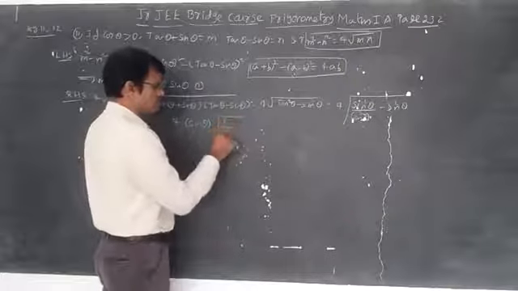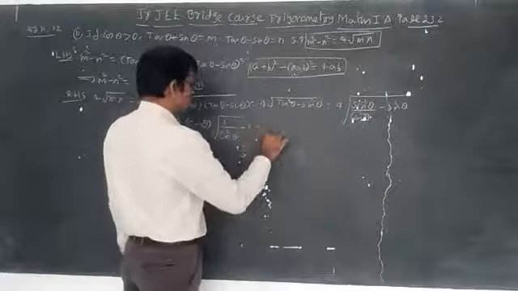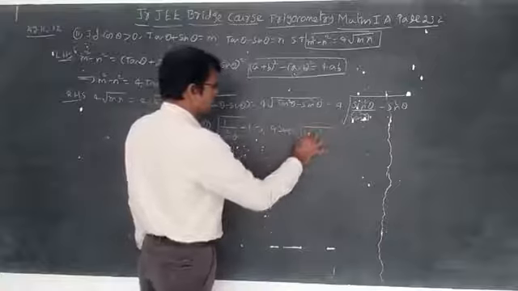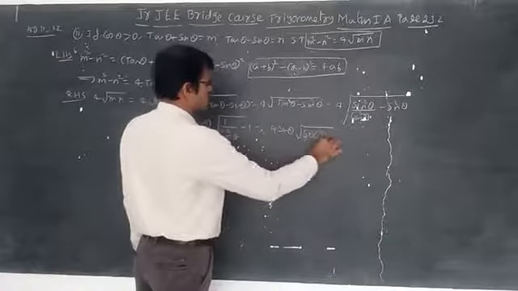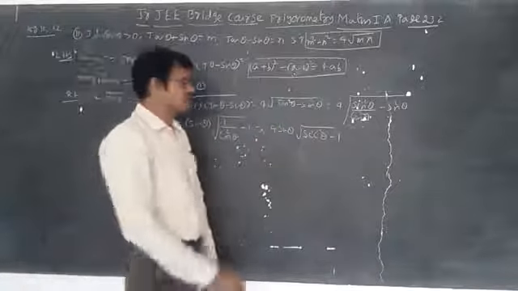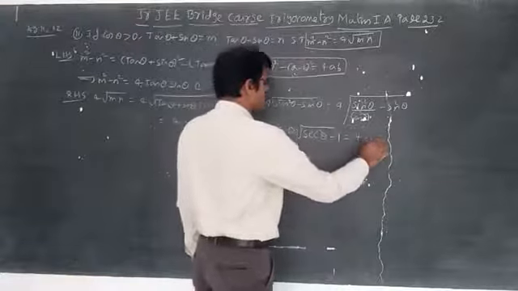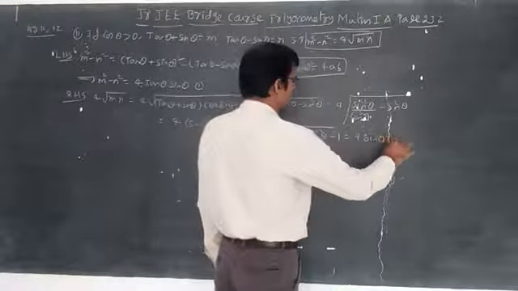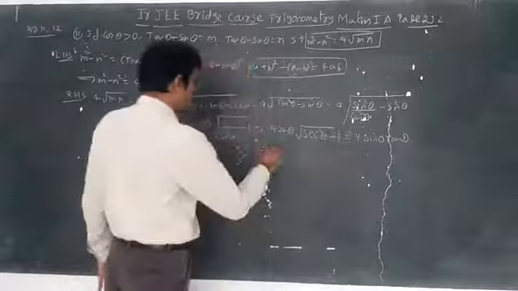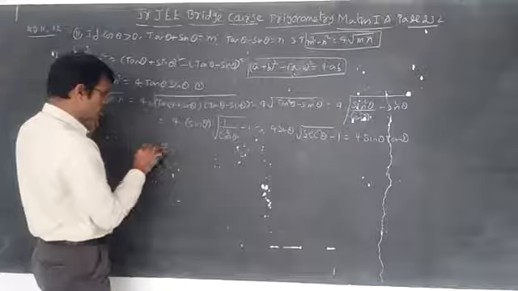You can write 1 by cos square theta minus 1. That is equal to 4 into sin theta into root of 1 by cos square theta, formula secant square theta, minus 1. So many formulas we already discussed. 4 sin theta into secant square theta minus 1, formula tan theta. So that is equal to, we got, 4 tan theta sin theta.